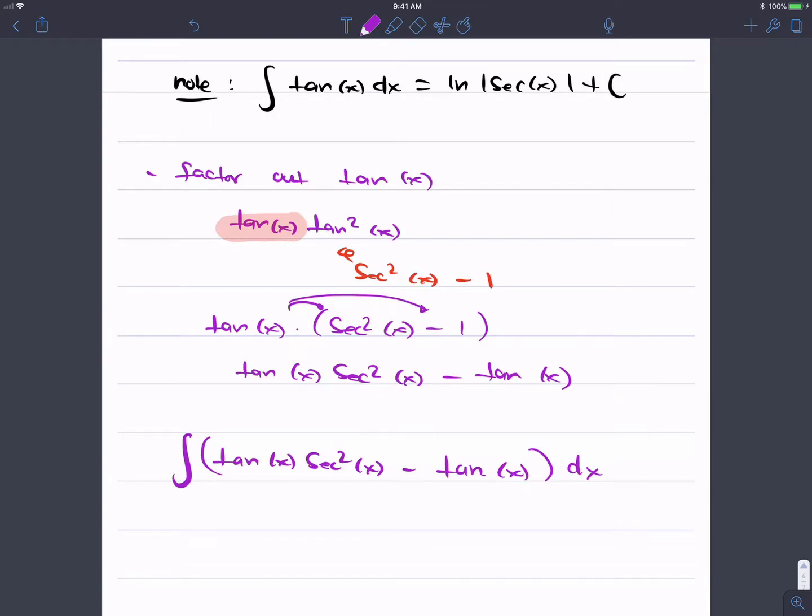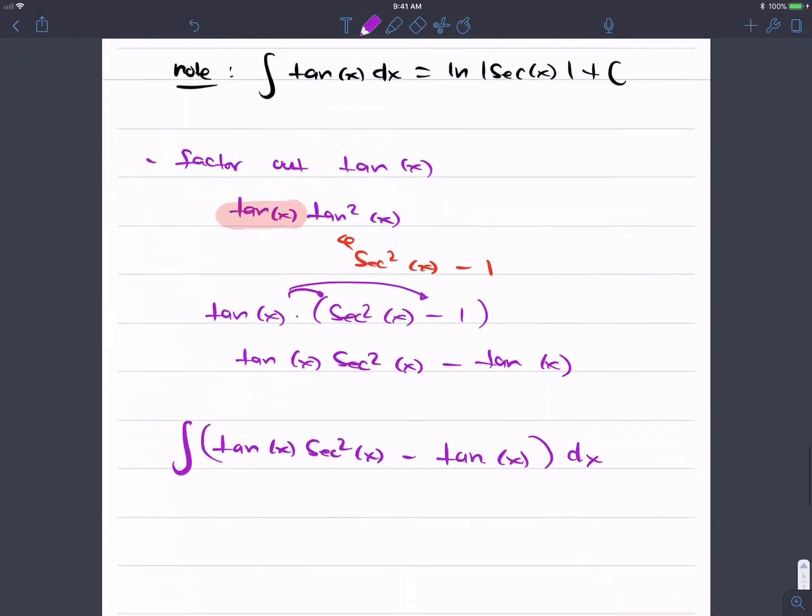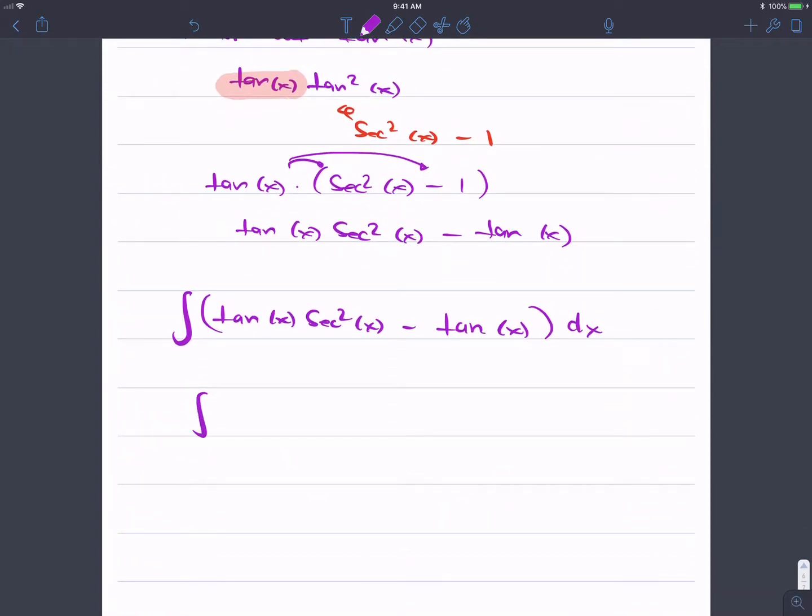I want to point out to you something very interesting here with this odd power of tangent. Properties of integration says I have the integral of tangent times secant squared dx minus the integral of tangent dx.